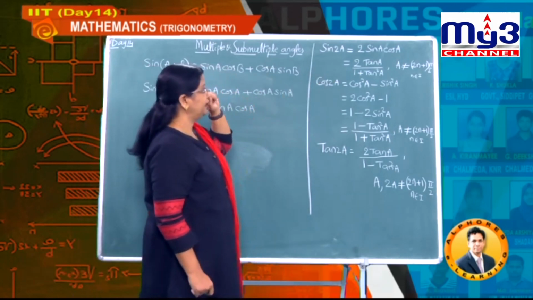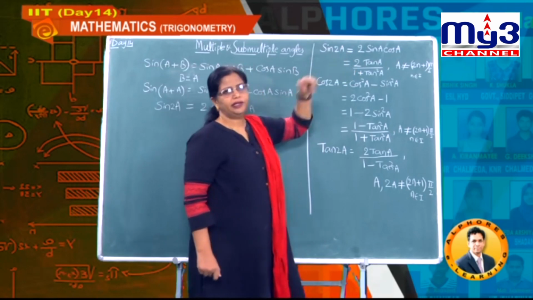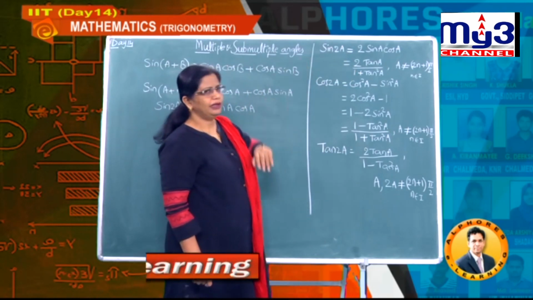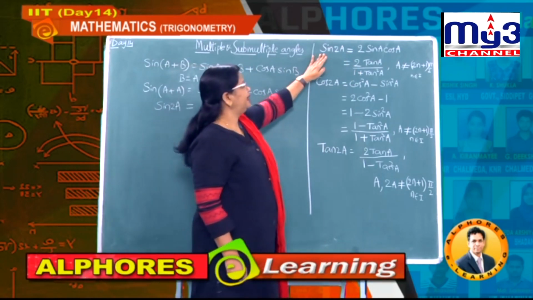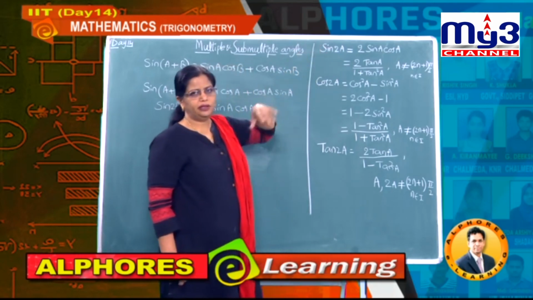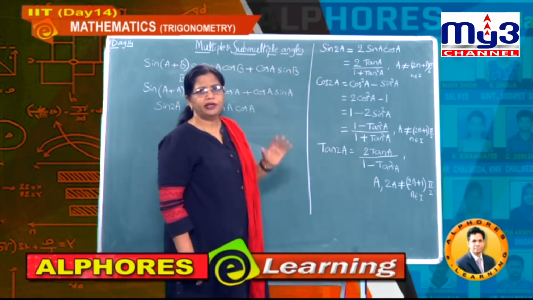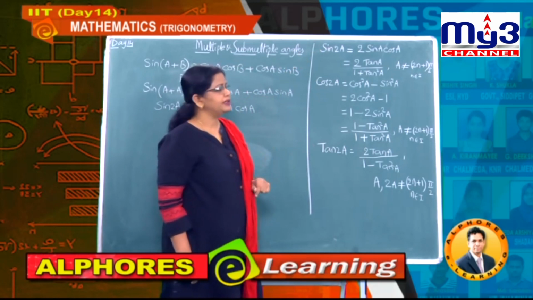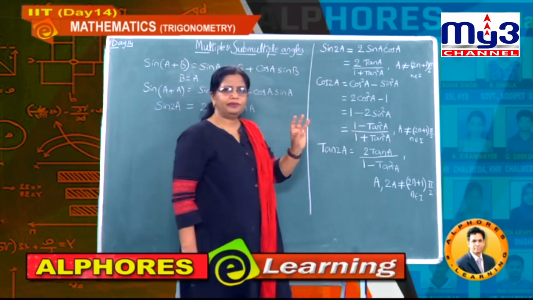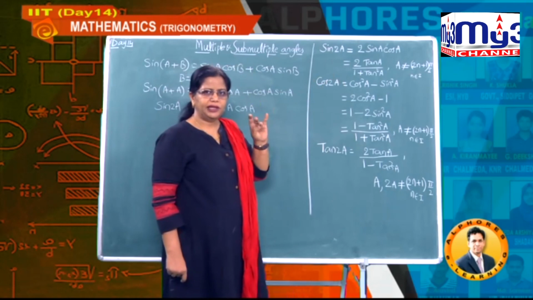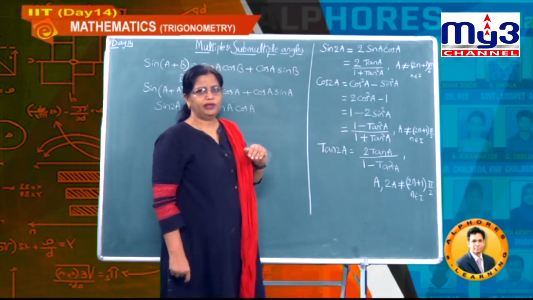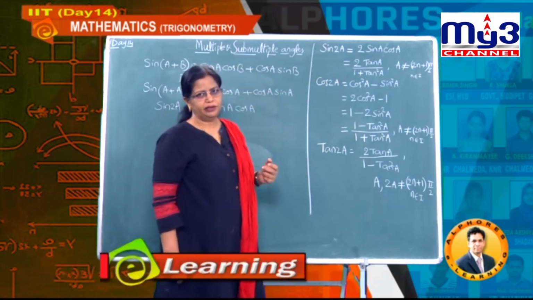Observe that while writing sin 2a is 2 sin a cos a, there is no denominator at all, hence it is valid for each and every real number, which is the domain of both sin and cos functions. Whereas whenever a tan function comes, tan is sin by cos, so cos is always in the denominator.